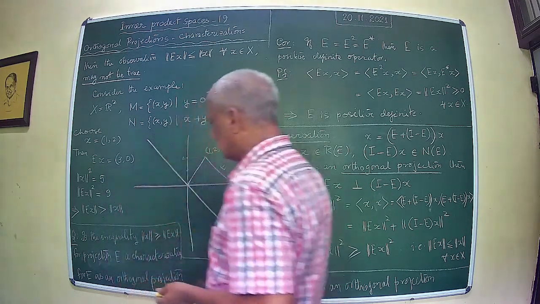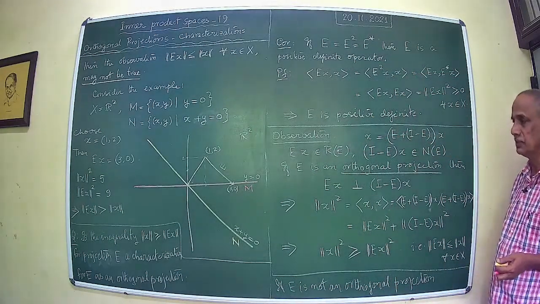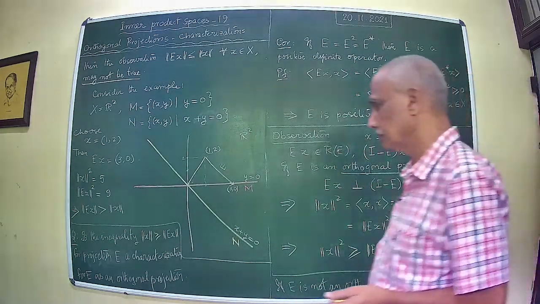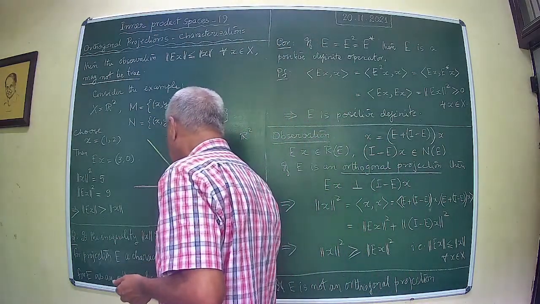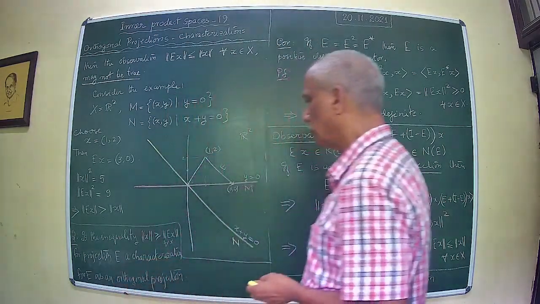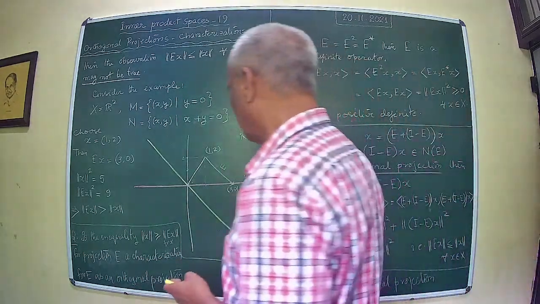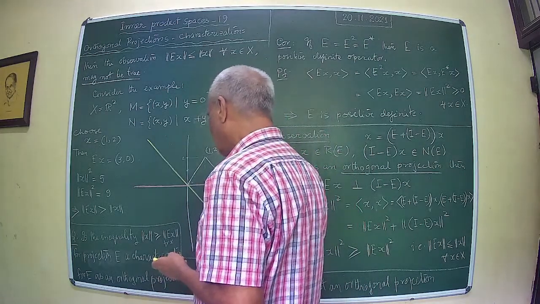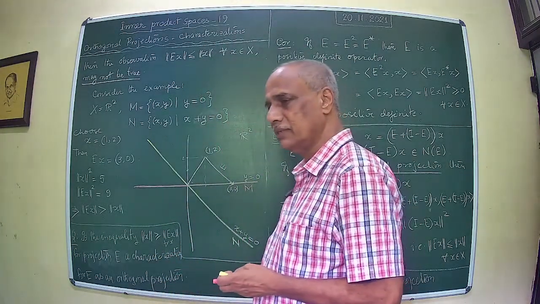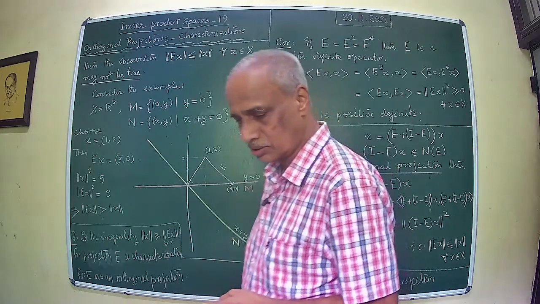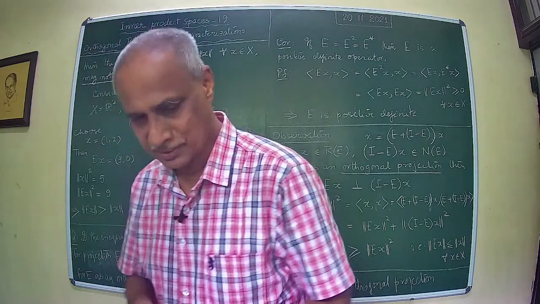So does this become a characterizing feature? This is true for every x. Suppose E is a projection and norm of x is greater than or equal to norm of Ex for every x. Does it imply that E is an orthogonal projection? So let us prove this theorem now.